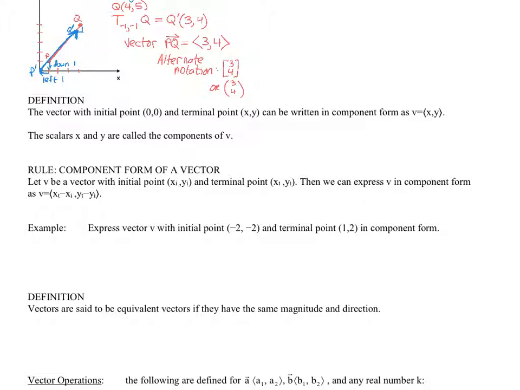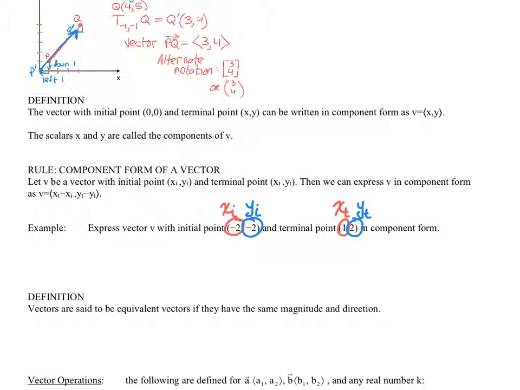express vector v with initial point. This would be x sub i and y sub i. And this would be the terminal point x sub t and y sub t.